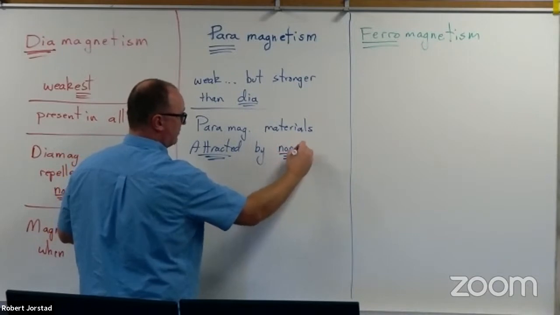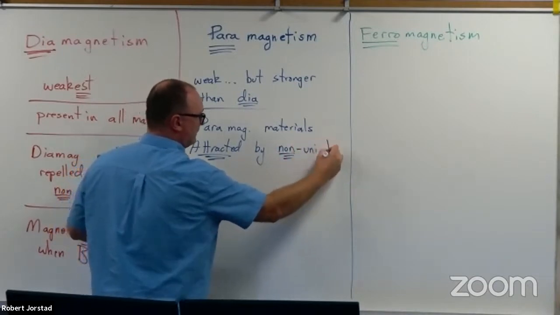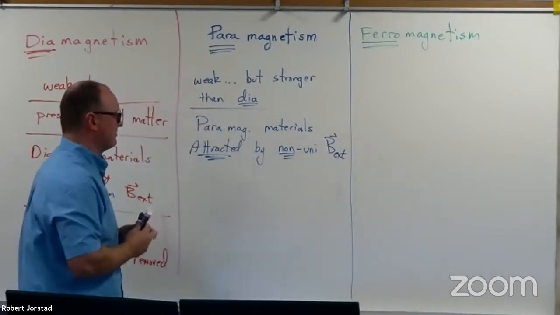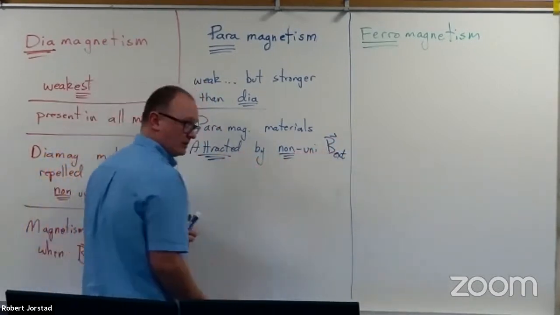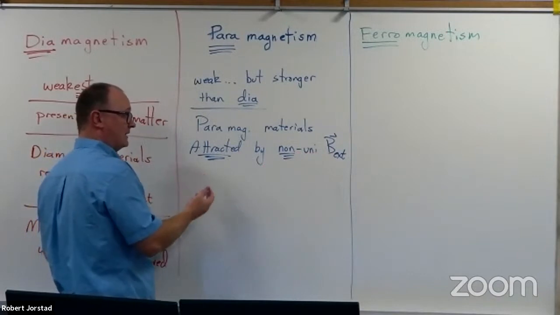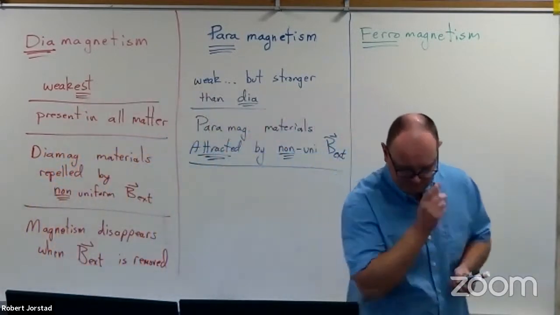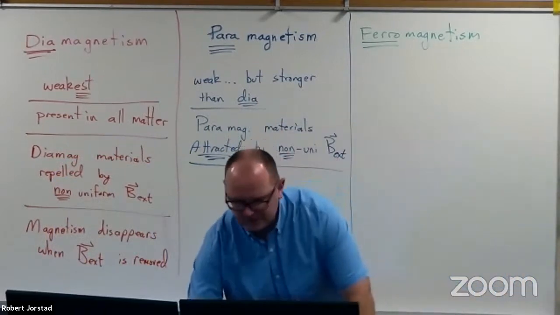And we should be clear, they're attracted by a non-uniform B external. Okay, so basically, when I say a non-uniform B external, I'm talking about the magnetic field near a standard bar magnet. All right.